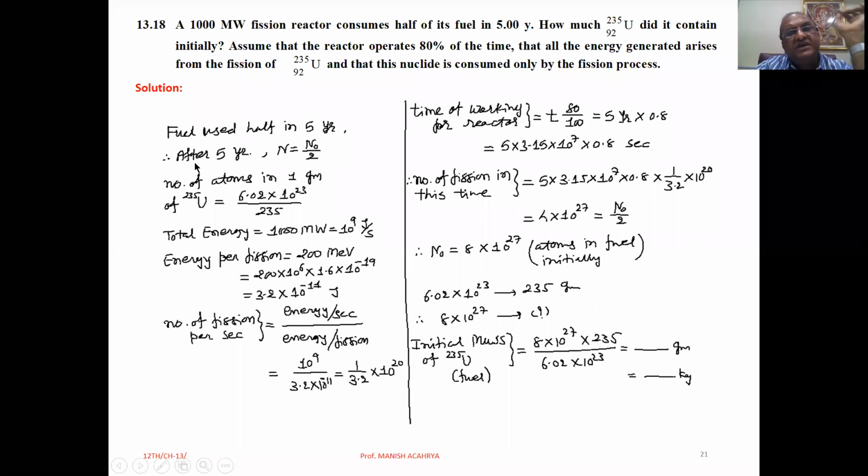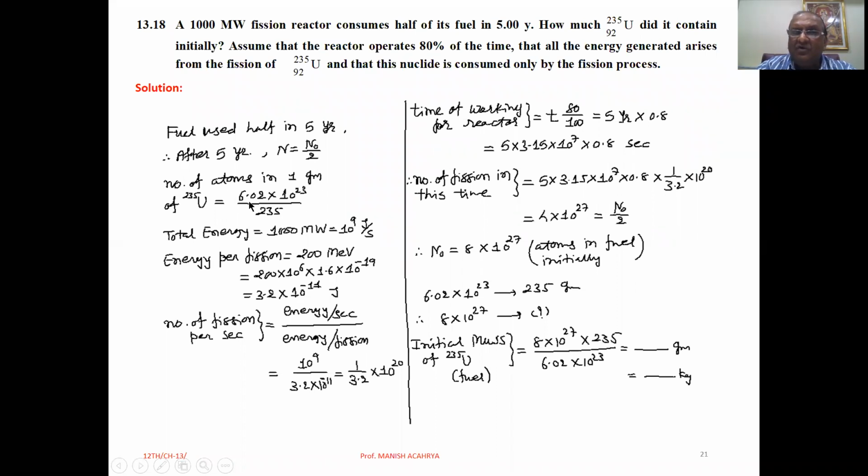Initially, before 5 years, if we take the number of undecayed nuclei as N0, then after 5 years we can write N equal to N0 by 2. Now, the number of atoms in 1 gram of U235 is 6.02 into 10 raised to 23 upon 235.